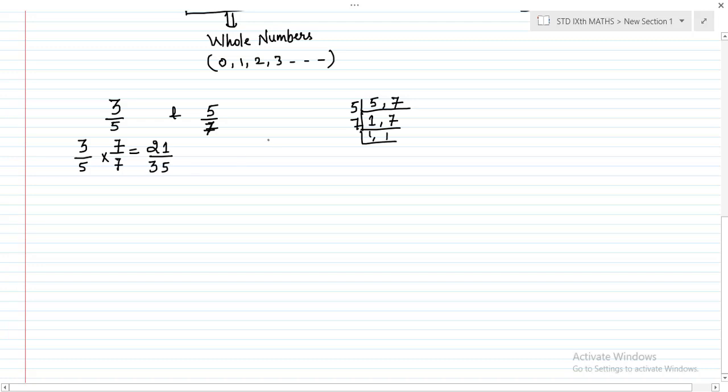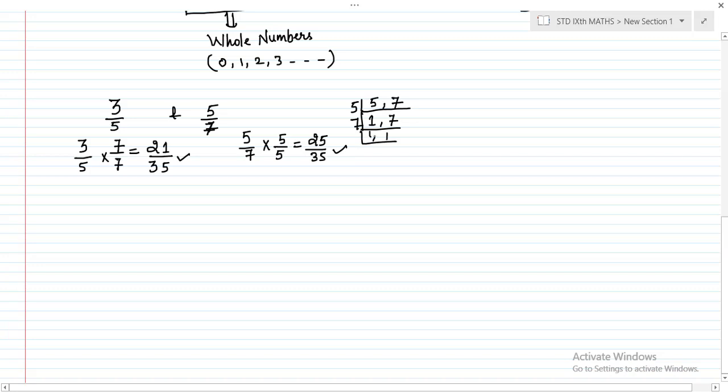Now 5 upon 7: 7 should be multiplied with 5, so the numerator should be multiplied with 5, which gives 25 upon 35. So we got the two like fractions, that is 21 upon 35 and 25 upon 35.